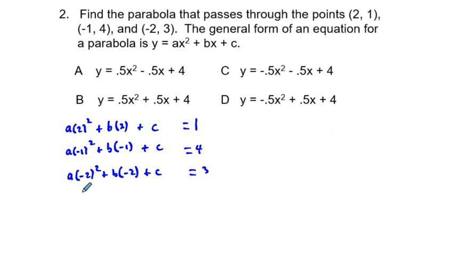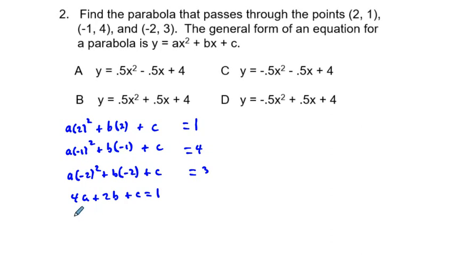And so when we work all these out numerically, we get 4a, that's this first equation here, plus 2b plus c is equal to 1.